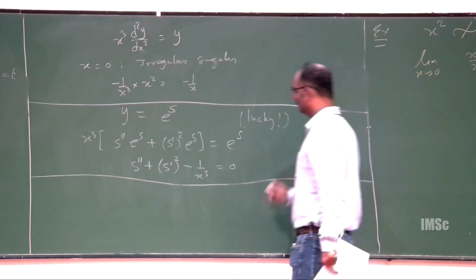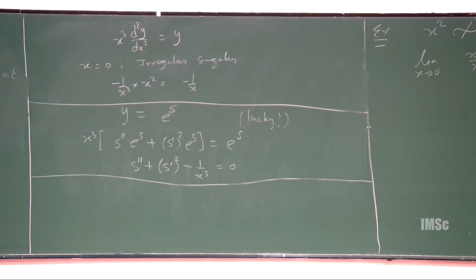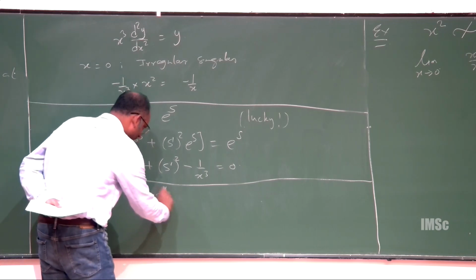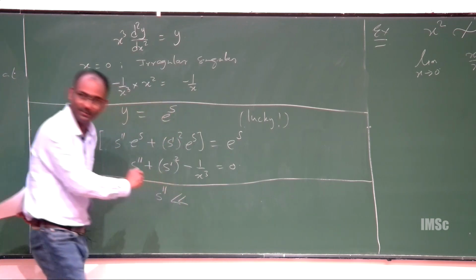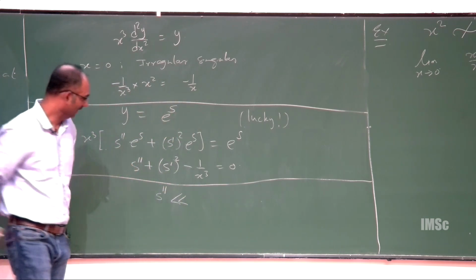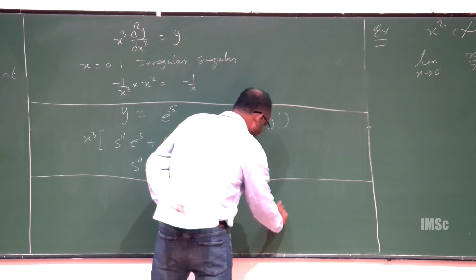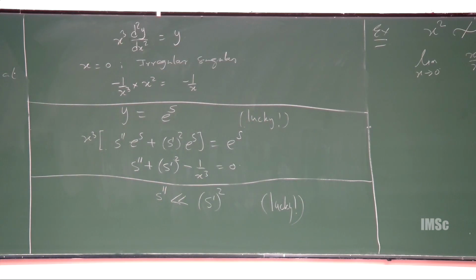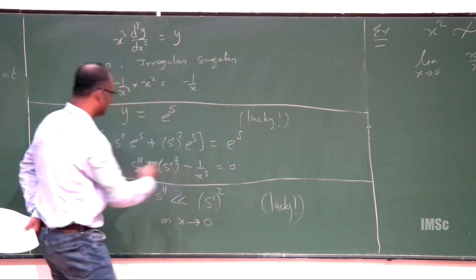Now often it happens, if you are lucky, and a lot of time you will be, that the second derivative of s is much smaller than, and you know what I mean by much smaller, the definition, s prime square, as x goes to, in this case, x goes to 0.